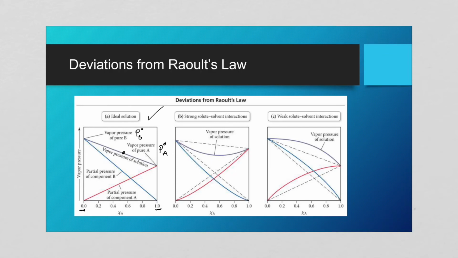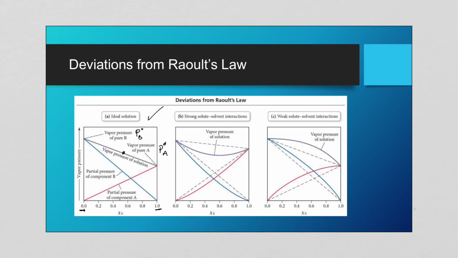If we have more of B, it's going to rise closer and closer to pure B. If I have more A, it's going to move closer and closer to the vapor pressure of pure A. So it's a weighted average, if you will, taking into account the fraction of each component. Now, this is under ideal situations.